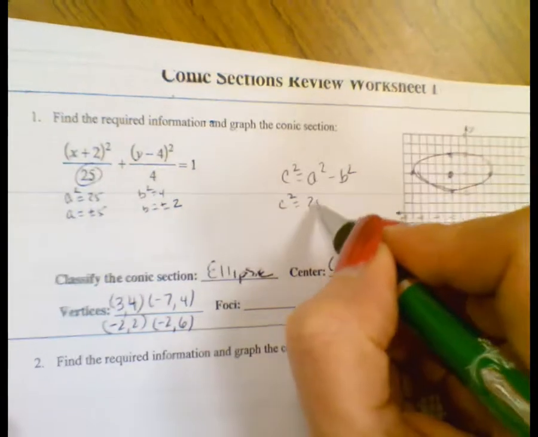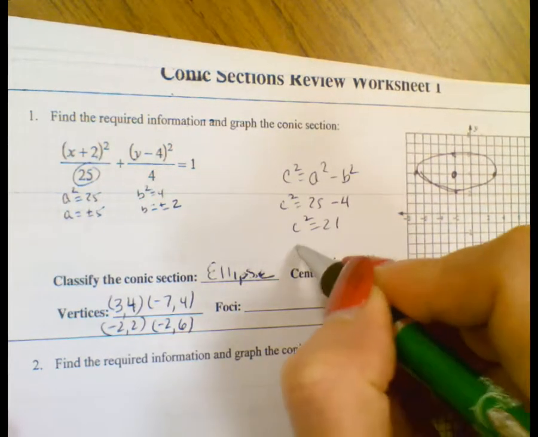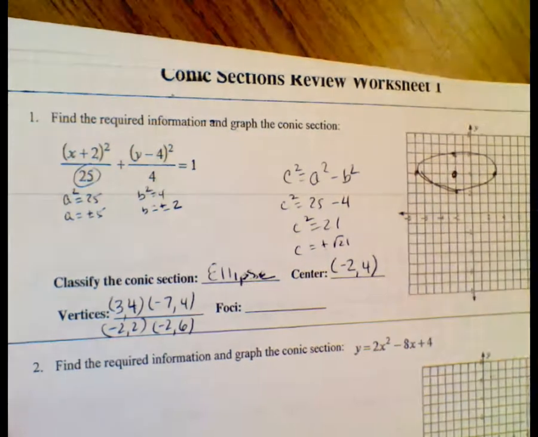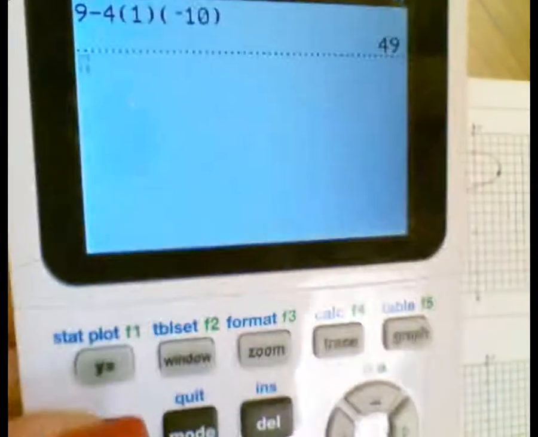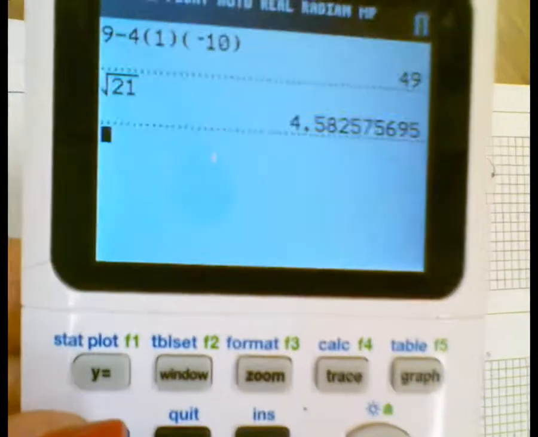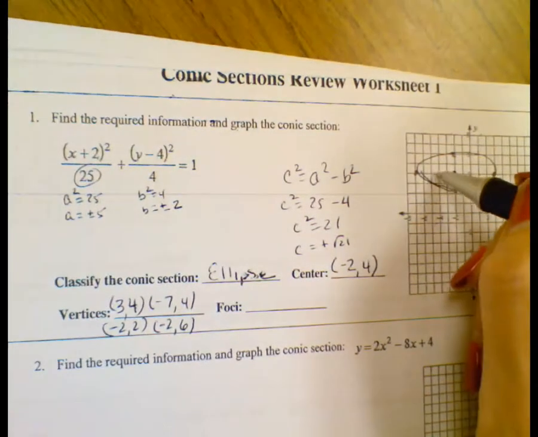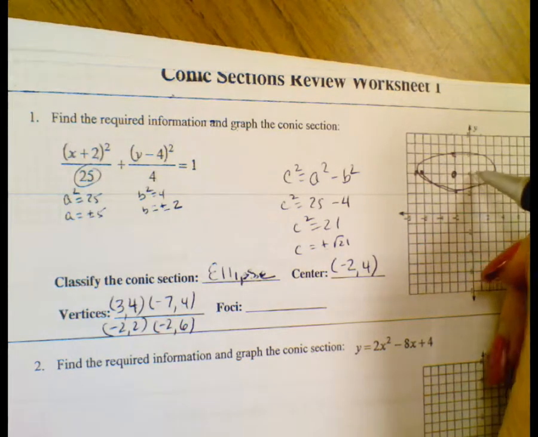Your foci are found by using this formula right here. a squared is 25, and b squared is 4, and that is 21. So c is plus or minus square root of 21. Square root of 21 is about 4.6, so you're going to go 4.6 to the left and 4.6 to the right.